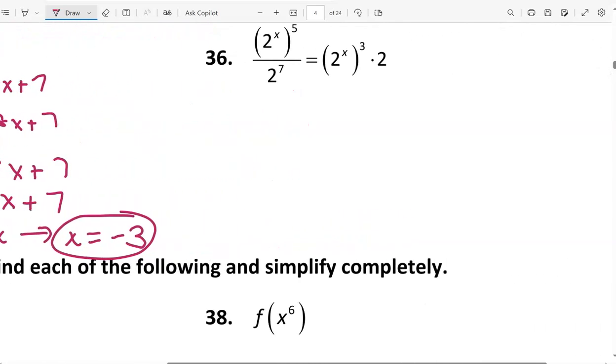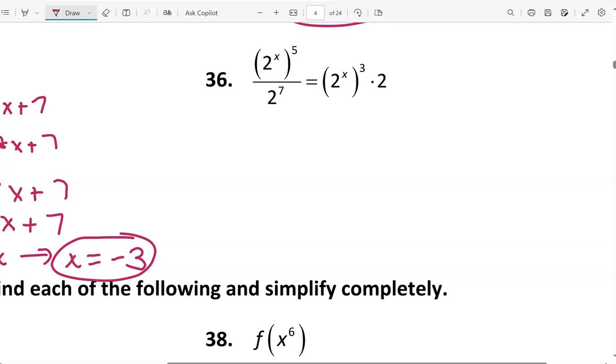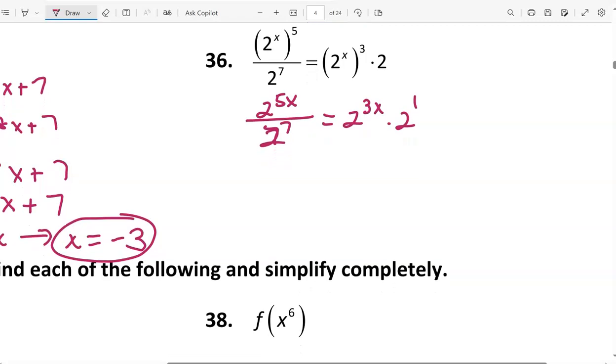And for 36, we have more properties of exponents to use. Power to a power, multiply those exponents. And same on the right, multiply the exponents. Let's understand that that 2 on the right side has an understood exponent of 1.